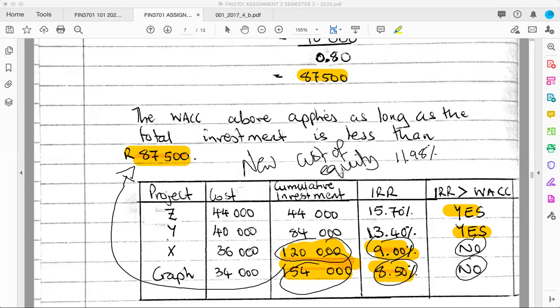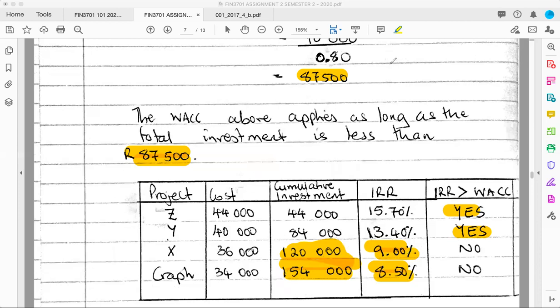We would need to know the new cost of equity to be able to get the correct WACC to compare these internal rates of return with. We can't compare these internal rates of return with 11.98% because once we spend more than 87,500, we've reached the break point of equity. So it means we need to calculate a new WACC that we can then use to compare with these internal rates of return to be able to decide whether or not to invest in the projects.